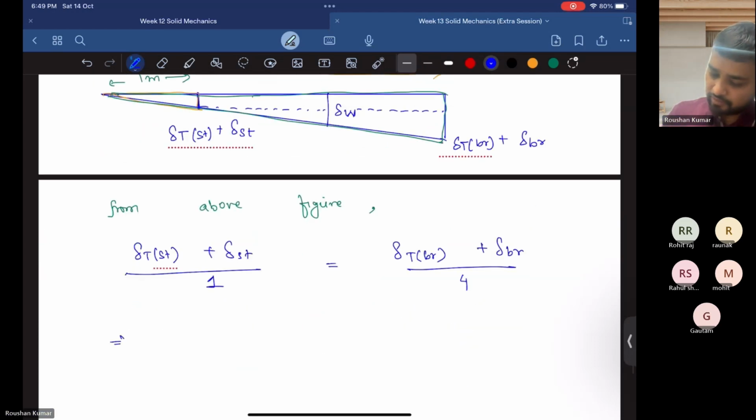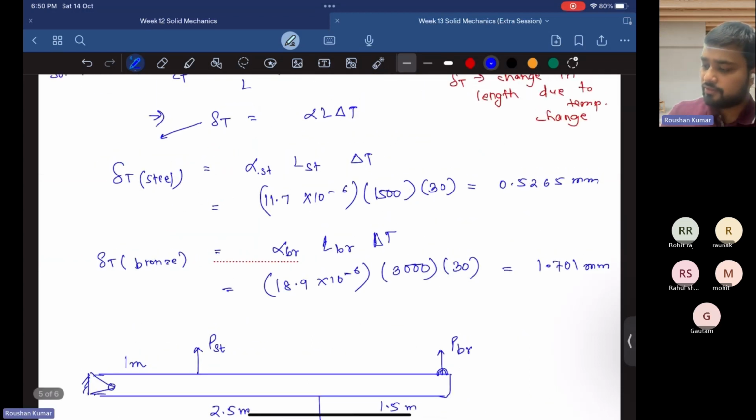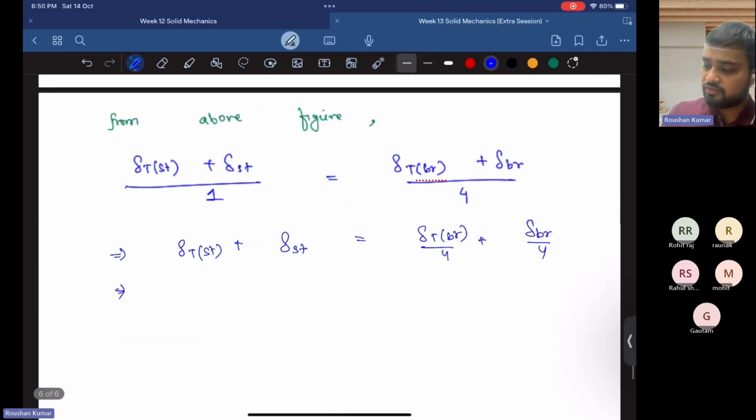So from here, delta T of steel plus delta of steel equals delta T of bronze upon 4 plus delta of bronze upon 4. Delta T of steel is already calculated above, that is 0.5265.